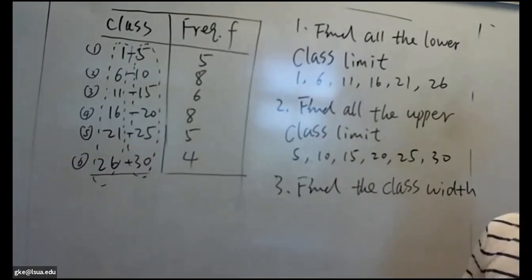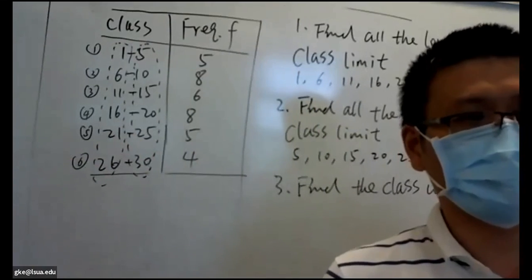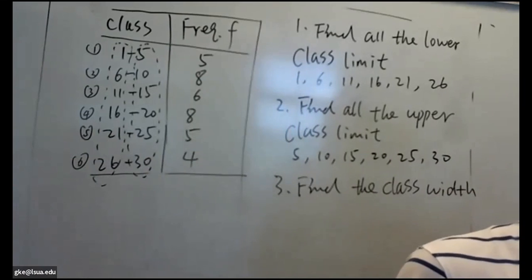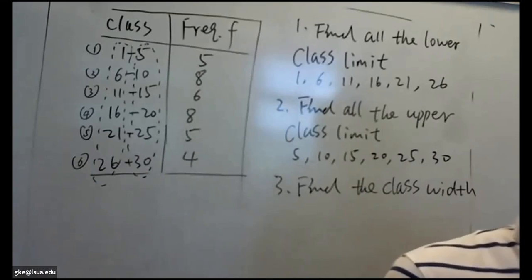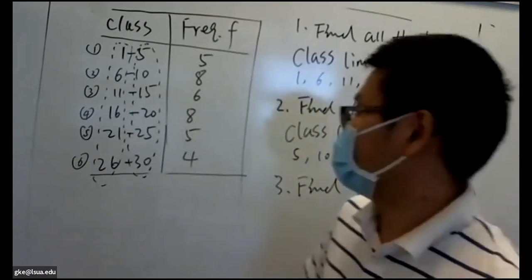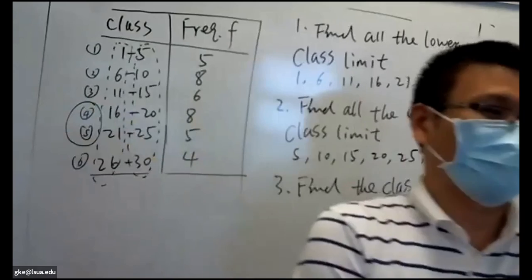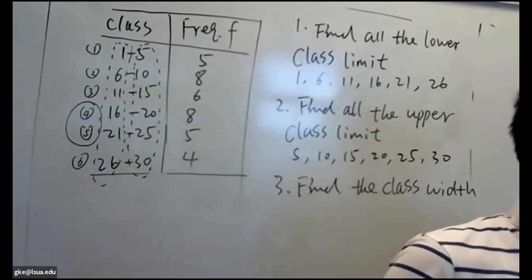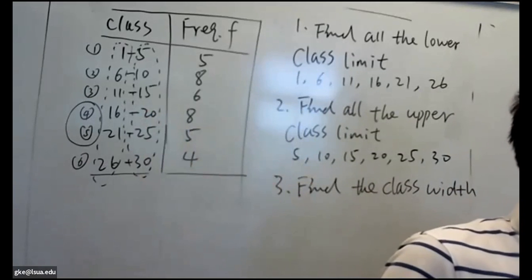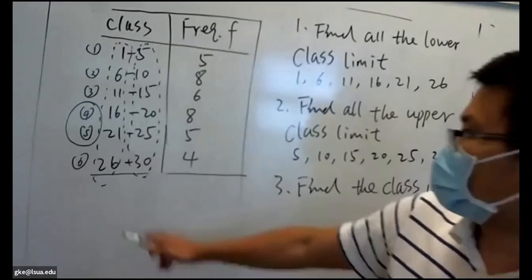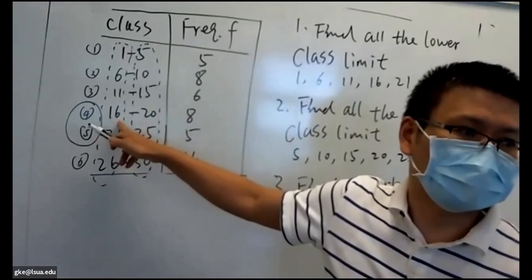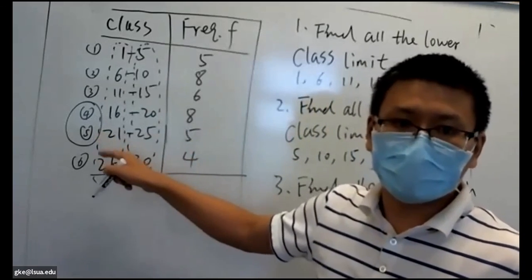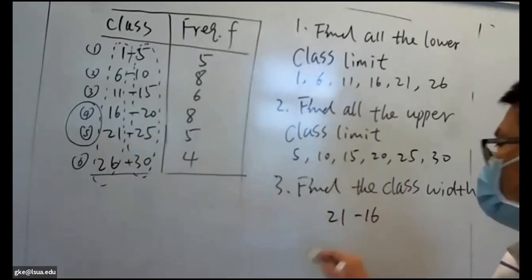Now for the class width, I said 2 important keywords: consecutive classes. So you just need to pick 2 consecutive classes. Now I can pick 4 and 5. If we just focus on the lower class limits, for class 4 we have 16, right? And for class 5 we have 21.